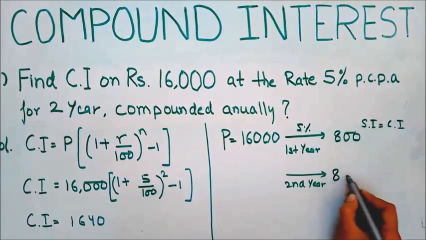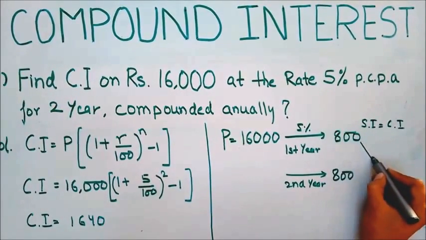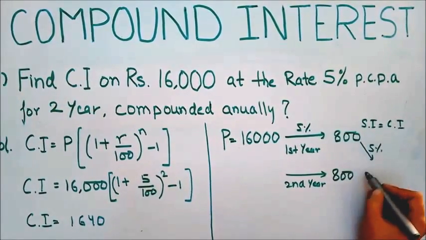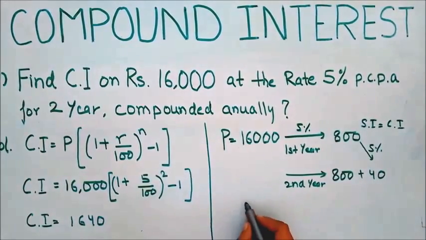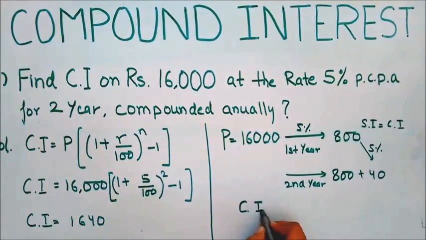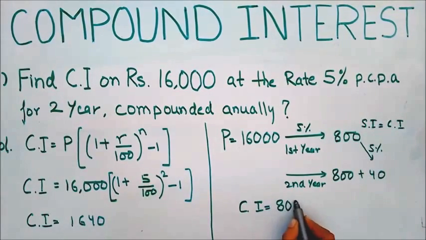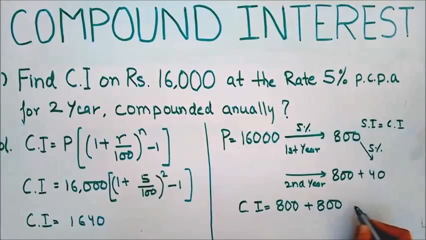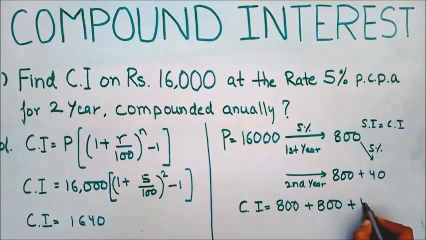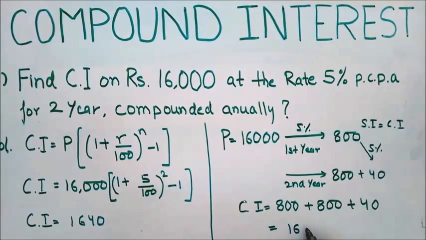Take 800 as the base and calculate 5% of 800, that is 40. For the final compound interest we have to sum up all the values, that is 800 plus 800 plus 40, and we get the value 1640 as we found here.